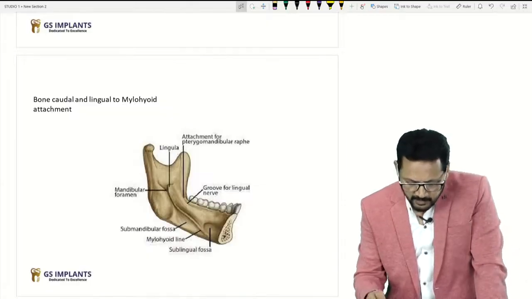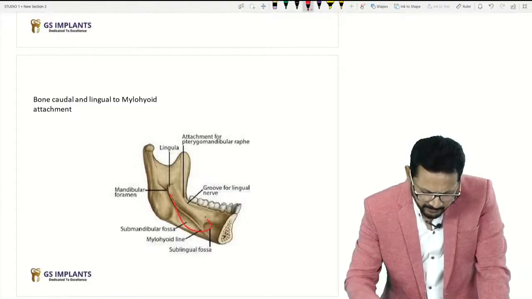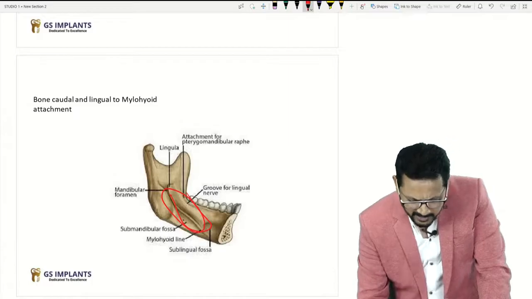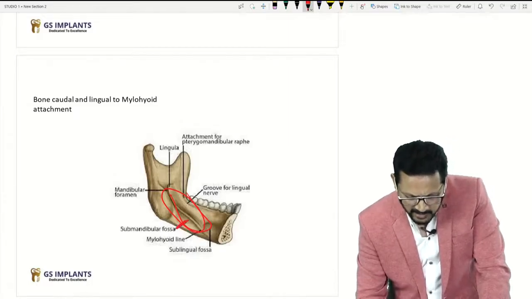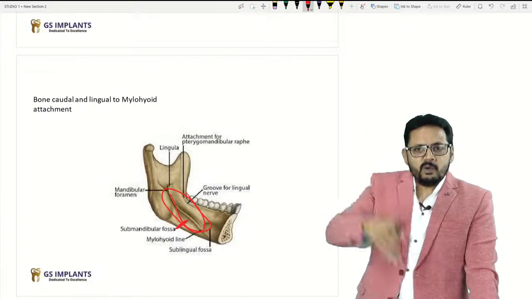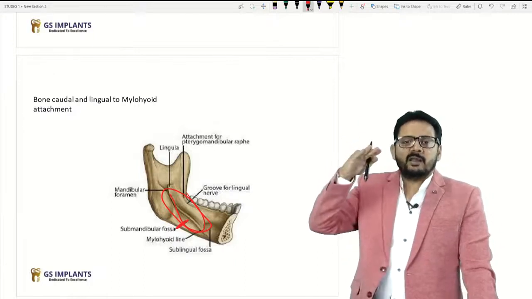Now this is the mylohyoid ridge, right? So your implant should actually be here. It should come out here. So it should be below the mylohyoid ridge, not above the mylohyoid ridge.